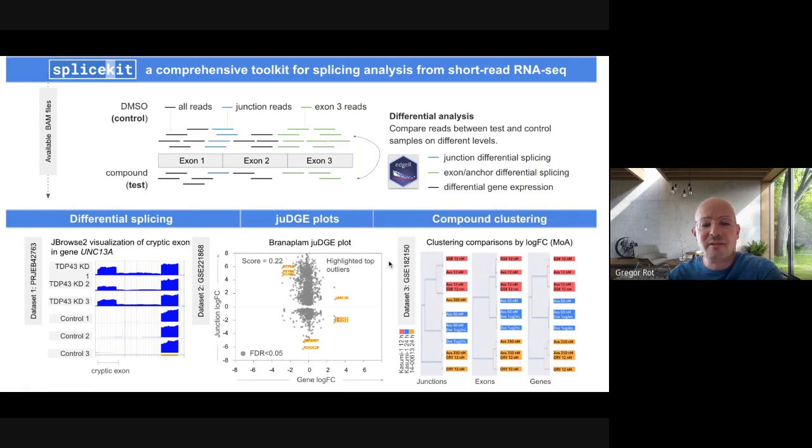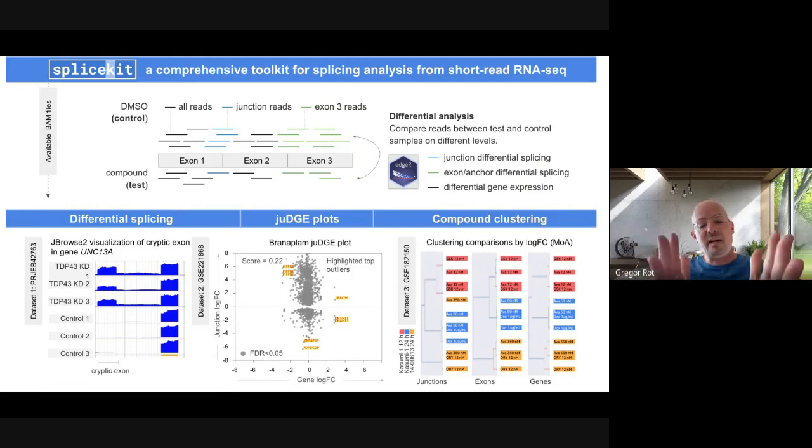Then what we do is also we try to understand if a treatment or a compound is influencing more splicing or differential gene expression. And for that, we construct judge plots, so junction differential gene expression plots. Here, a data set from Branaplam. Branaplam is a small molecule that's really a splicing modifier. And you see here on the horizontal axis, there is gene log-fold change, and on the vertical axis, there is junction log-fold change.